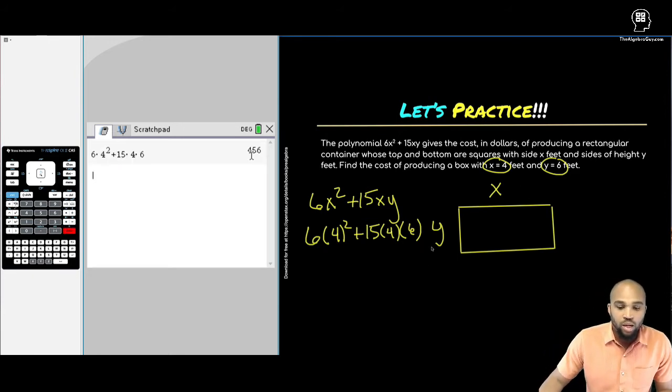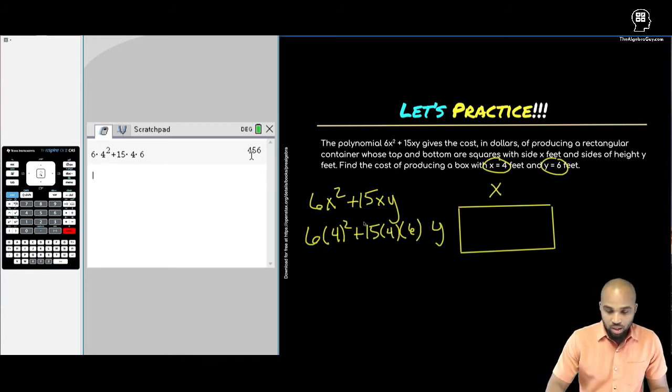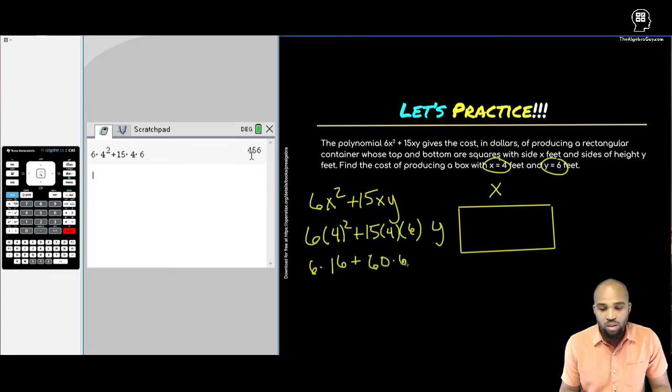456. And if you wanted to, you could do it by hand to double check. If I were taking this test, I would just go ahead and write this out. That's going to be 60, right? Yeah, 60 times 6. And 6, that's 360. Plus 16 times 6. What's 16 times 6?